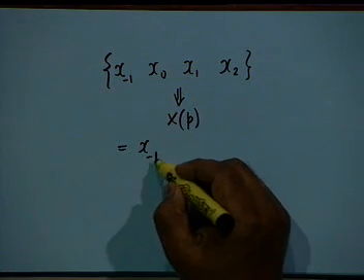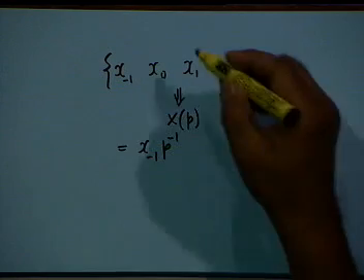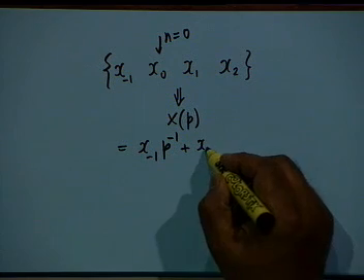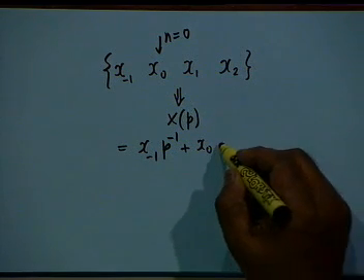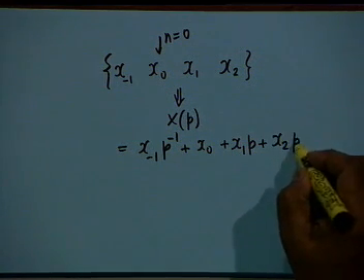They didn't know what is Z transform. Z transforms came much later, in the 50s, whereas these people were doing it in the 40s. They said we will convert this into a polynomial, and we shall say x of p is x of minus 1 p to the power minus 1. The power of the variable indicates the position of the sequence. This is of course n equal to 0. All right. Then x0 p to the power 0, which is 1, plus x1 p plus x2 p squared.